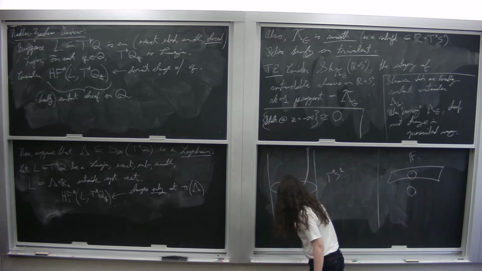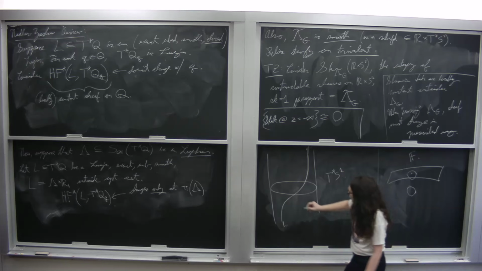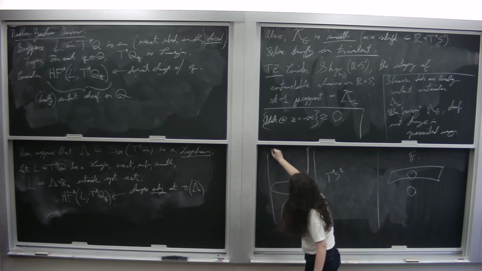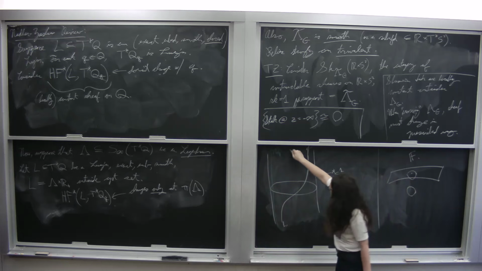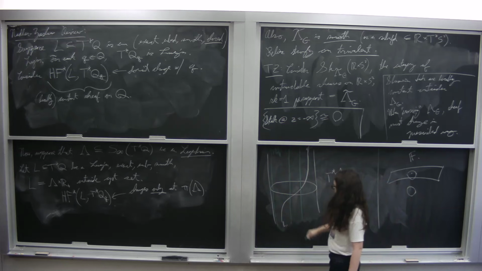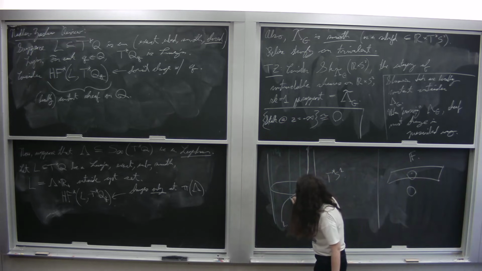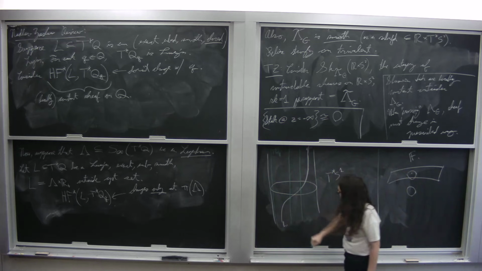Say that this is L. And then consider my T star Q at Q. We see that the Floer homology is just essentially given by the intersections between L and the fibers.